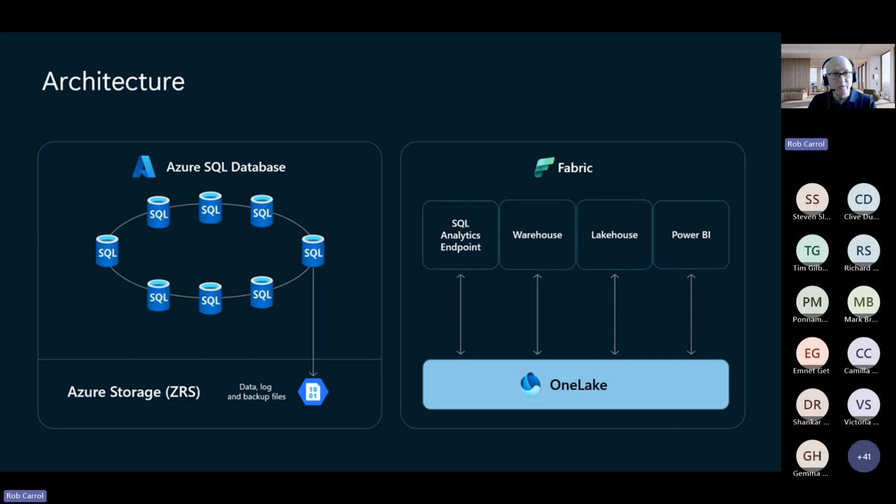And we have multiple copies of the data. And Fabric on the right-hand side is built on OneLake, which is a storage layer, which Microsoft describe as OneDrive for the enterprise, and various other components are built on top of that, like data warehouse, lakehouses, Power BI, and the SQL Analytics endpoint.